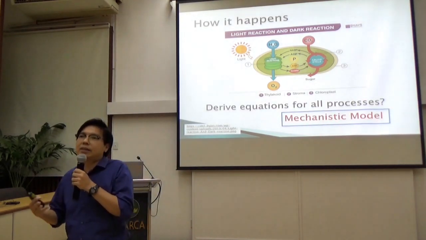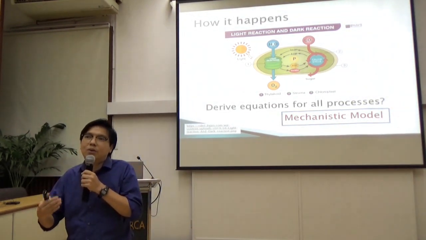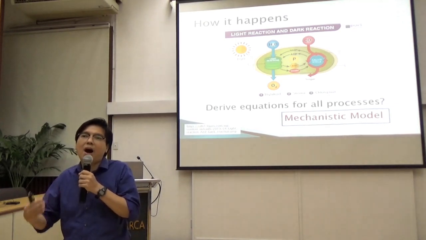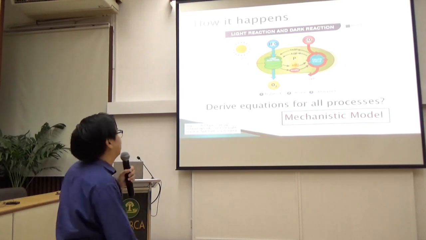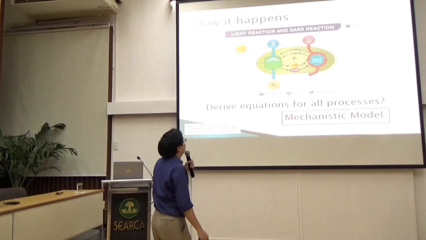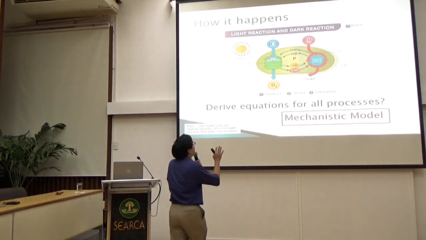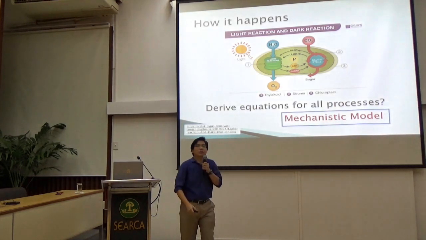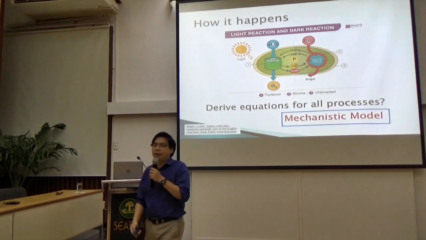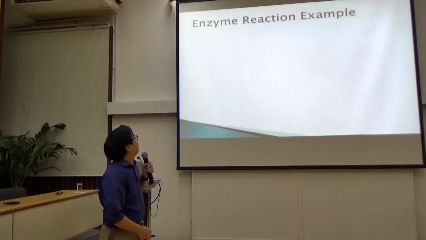Pag mechanistic, what does it mean? It means you consider the mechanism. So how the thing is happening, how things are happening. That's mechanistic. Okay? Now, this is why it's hard to model biological systems, because it involves lots of steps. Mahirap siya yung model. Okay?